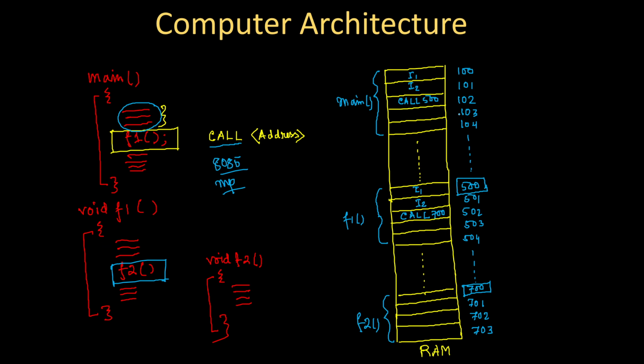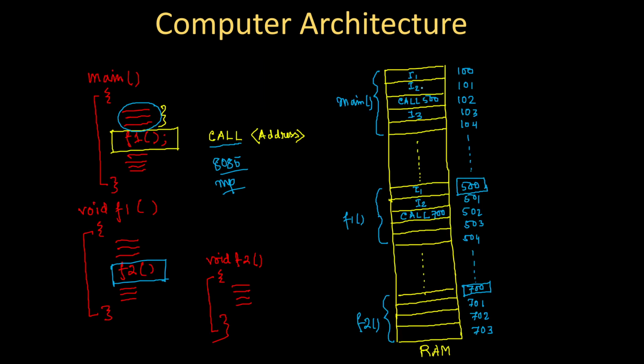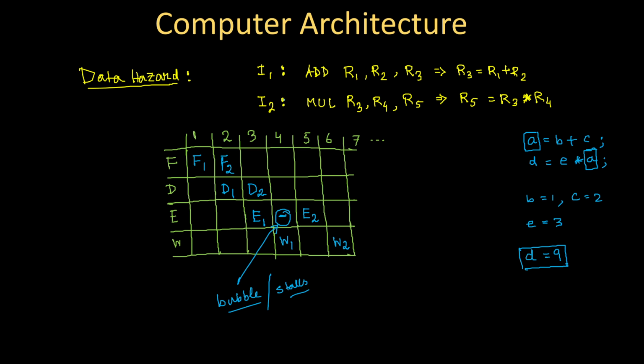So when this call instruction is actually decoded, at that time the next instruction, say I3 of the main function, has already entered the pipeline and started fetching. If I consider that this I2 instruction is the call instruction and I1 is the previous instruction, then when I1 is decoded, I2 has started fetching.